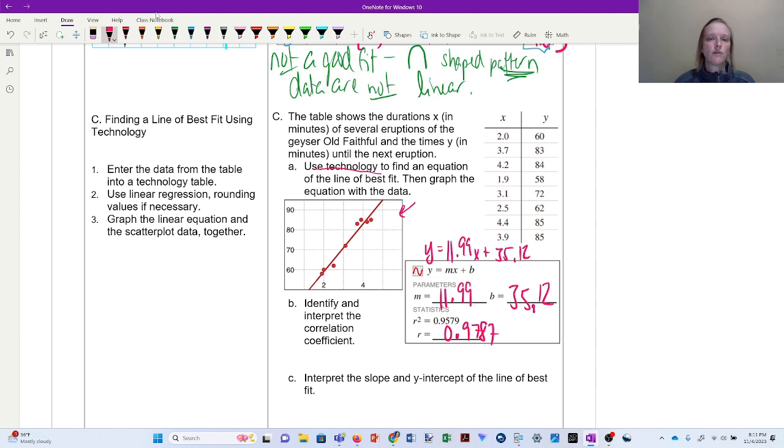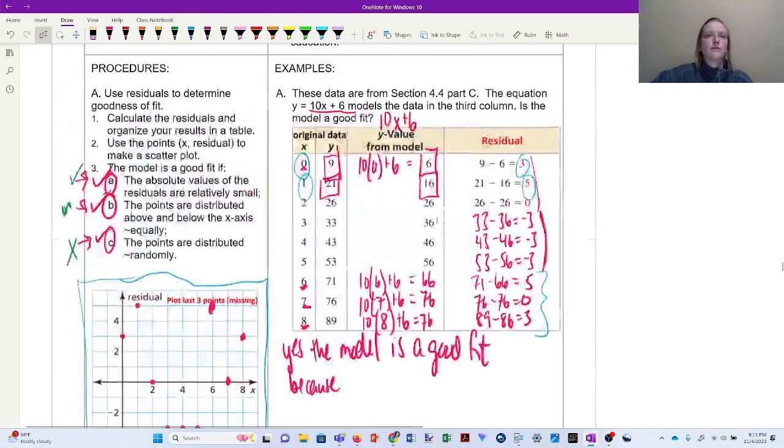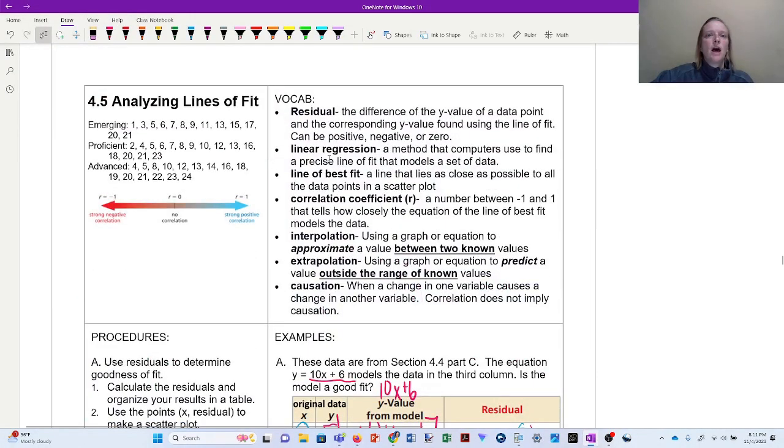The correlation coefficient is this R value here. And scrolling back up so you can see our definition for correlation coefficient. The correlation coefficient is a number between -1 and +1 that tells how closely the equation of the line of best fit models the data.